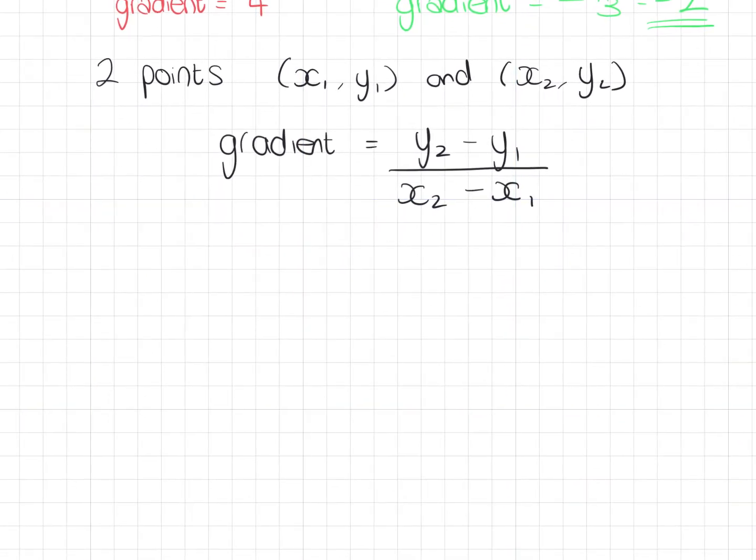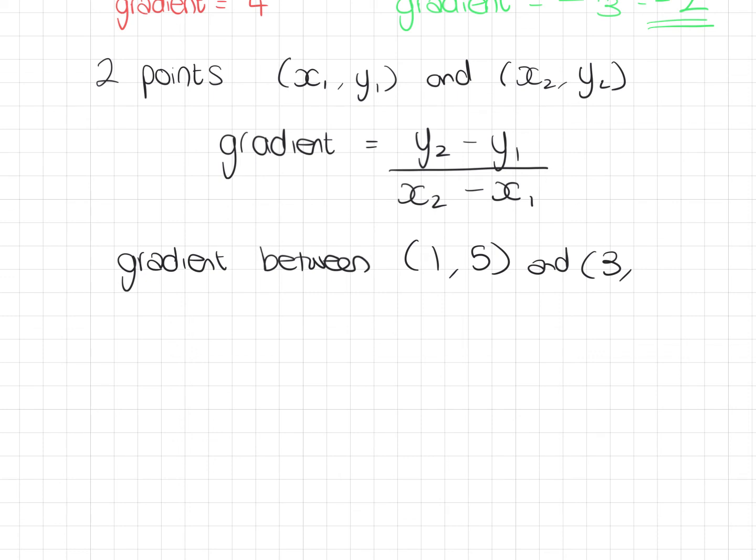So, for example, if I wanted to work out the gradient of the line between 1, 5 and 3, 11, I'd say the gradient equals, following this rule, you need to learn and remember this, the second y coordinate, that's 11, minus the first y coordinate, which is 5.